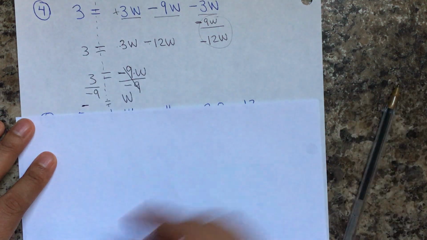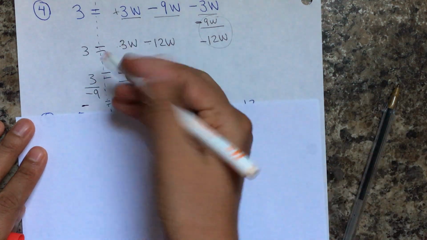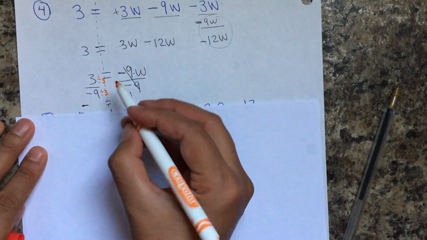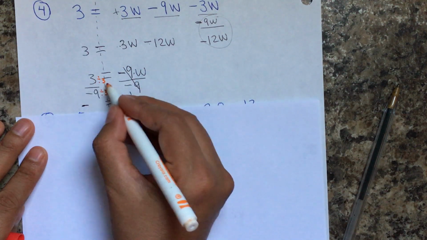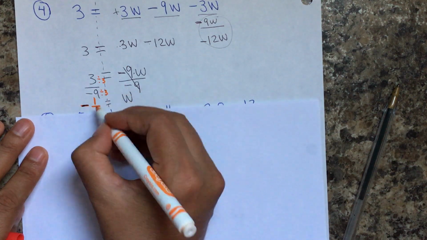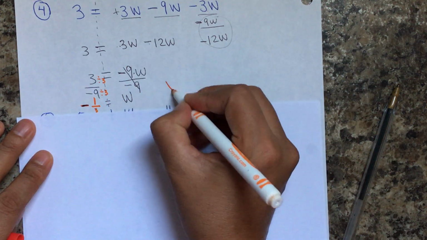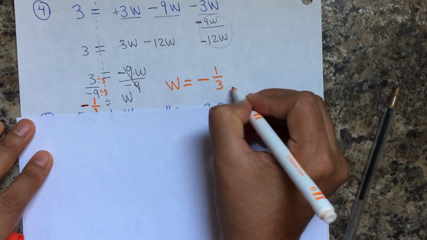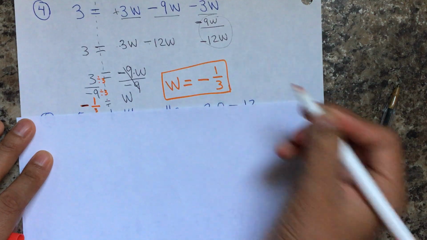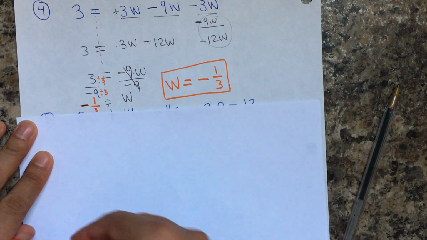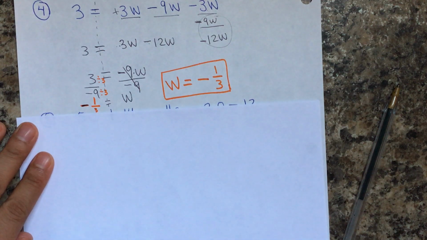And both of these are divisible by 3, right? This can be divided by 3. This can be divided by 3. And so the answer is 3 divided by 3 is 1 over 9 divided by 3 is 3. Okay, so w equals negative 1/3. Okay, so this is a fraction. I'm not sure that your homework has that, but it's good review from the fractions.